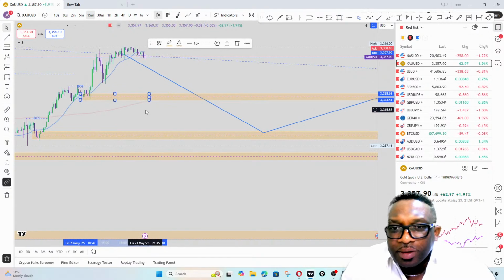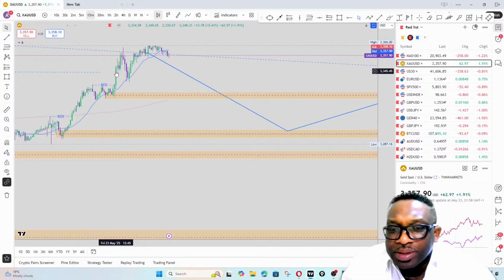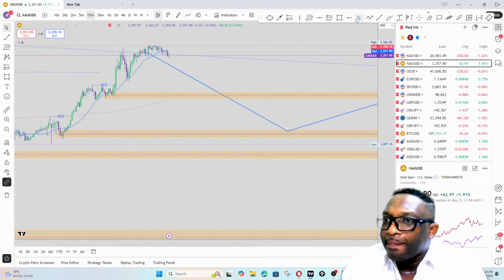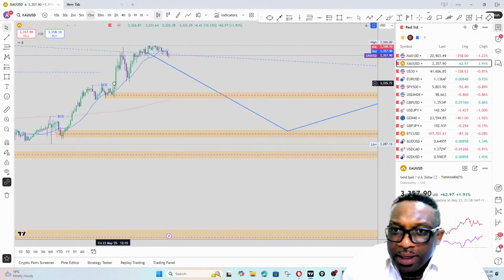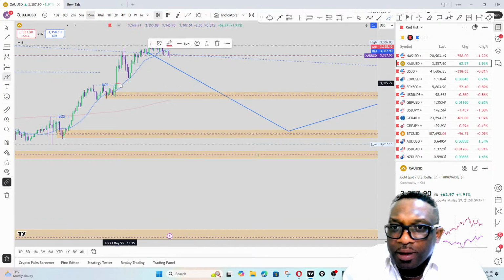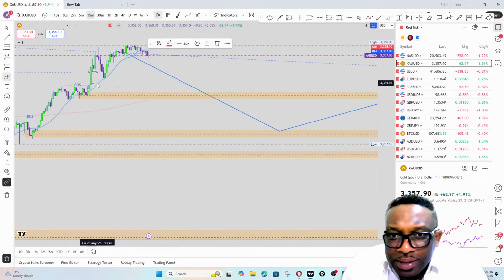Let's see if we can identify an area of imbalance. After this impulse move, we have this from this point to this point. Has it been filled? We have this imbalance here, imbalance here. There. So we have an area of imbalance where price traded to kind of fill it up, but I would say it's not fully filled.